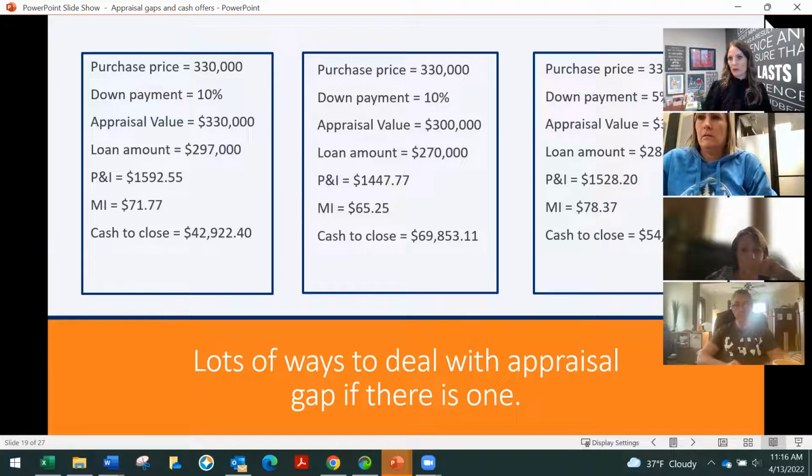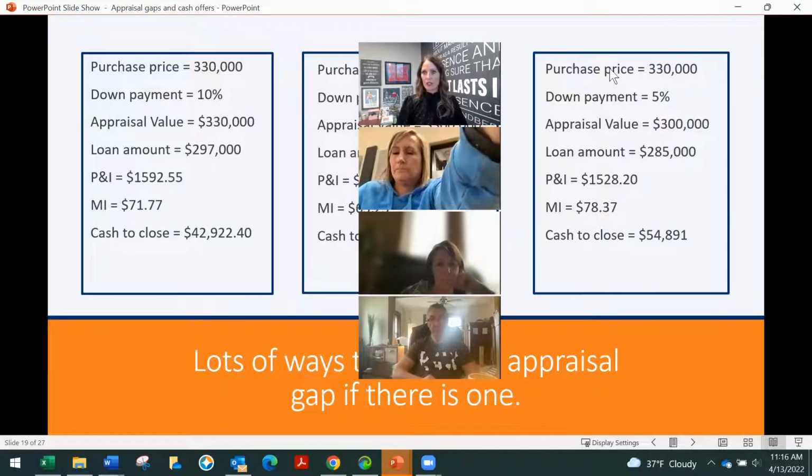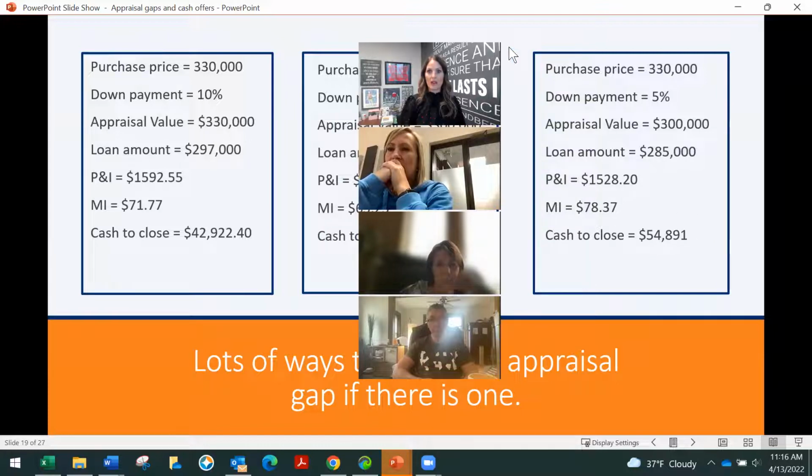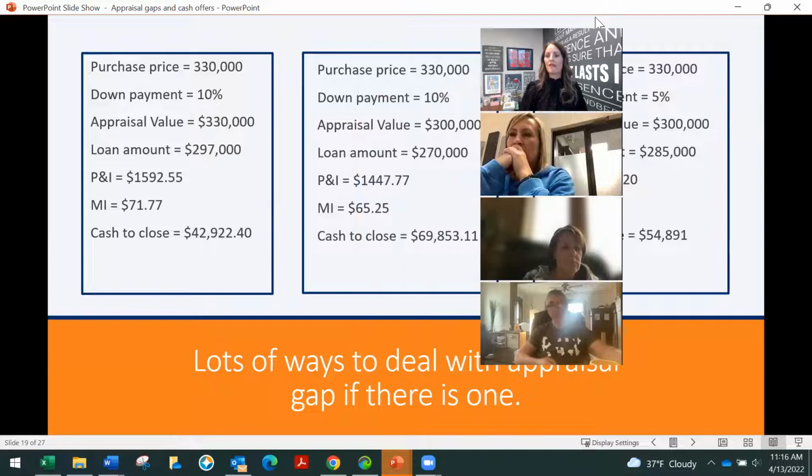The other option we could do is a purchase price at 330, down payment of 5%, appraised value of 300. So now I can lend them 285. That's my P&I, my MI goes up a little bit, but now my cash to close goes down a lot, because I'm simply financing more of the gap than I was here.